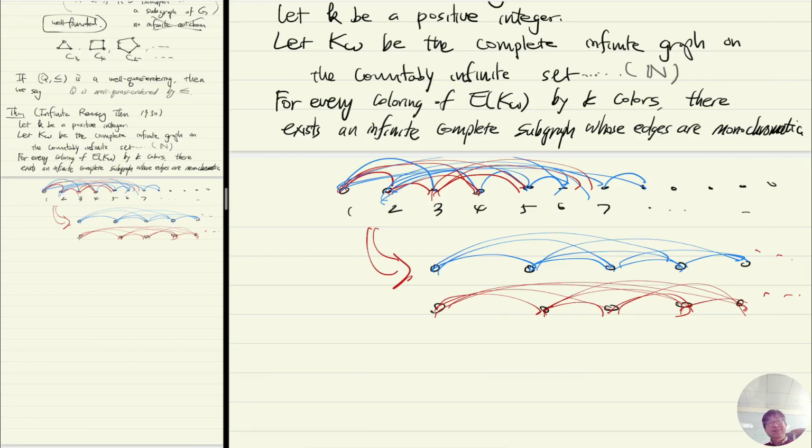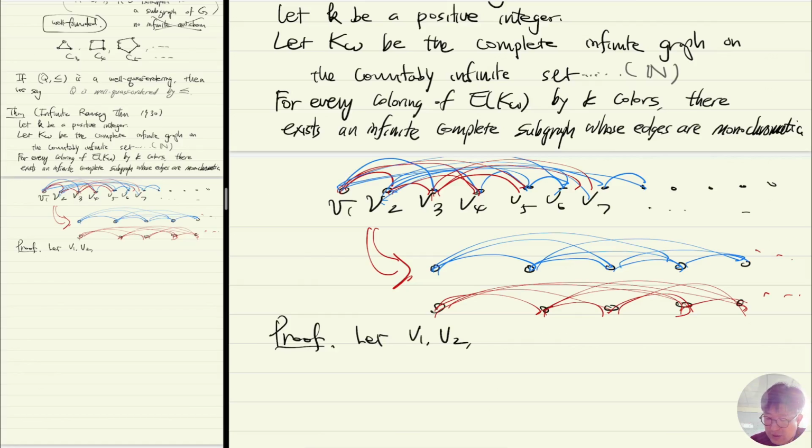So how do we prove that? And the proof is quite cute. It's a consequence of the pigeonhole principle. So let's say these vertices are v1, v2, v3, v4, v5, v6, v7. We will keep taking a subsequence.